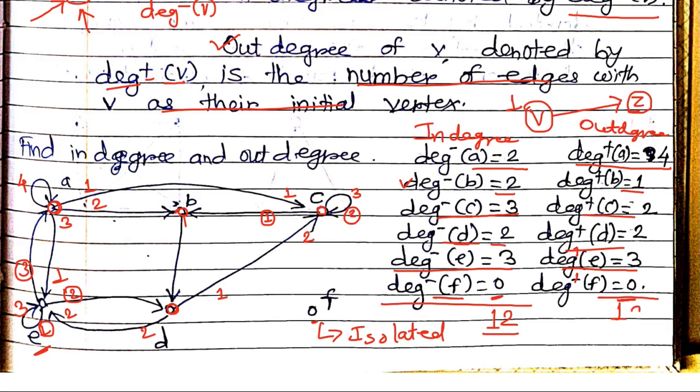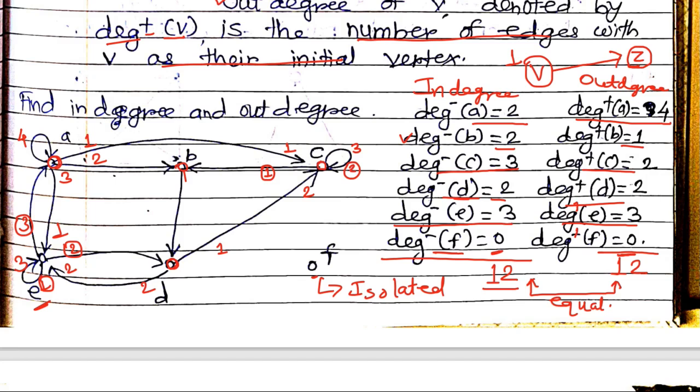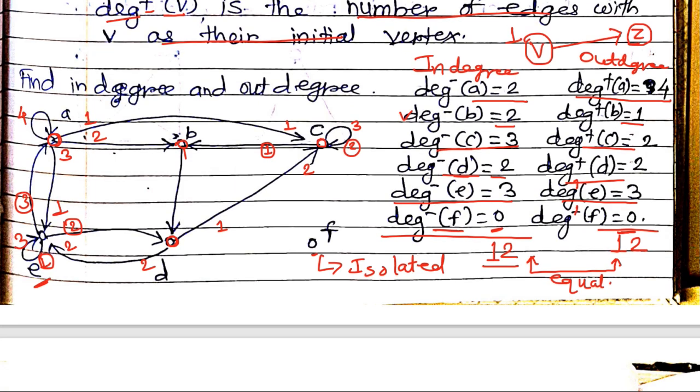So the out degree also comes to be 12. So this is a theorem: for a graph with directed edges, if you compare the sum of in degrees of all vertices and the sum of out degrees of all vertices, they come out equal.